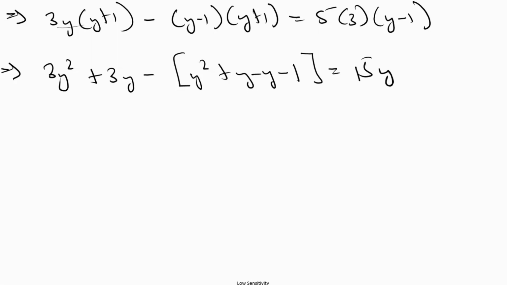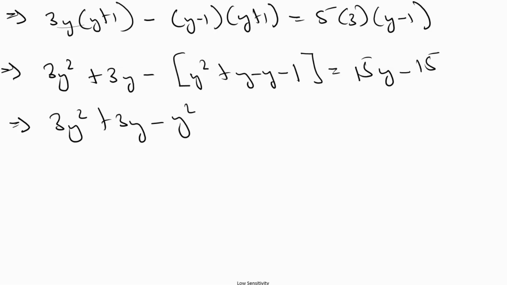So 15y minus 15. We can simplify this. 3y squared plus 3y becomes minus y squared. This is y minus y, so this is 0.